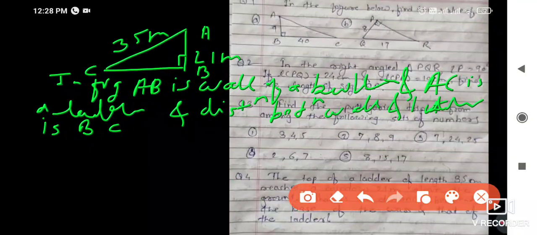So use the Pythagoras theorem in this. As you know, angle B is 90 degrees.